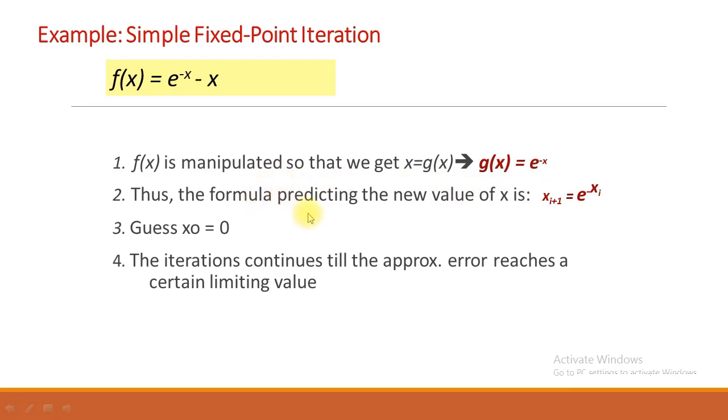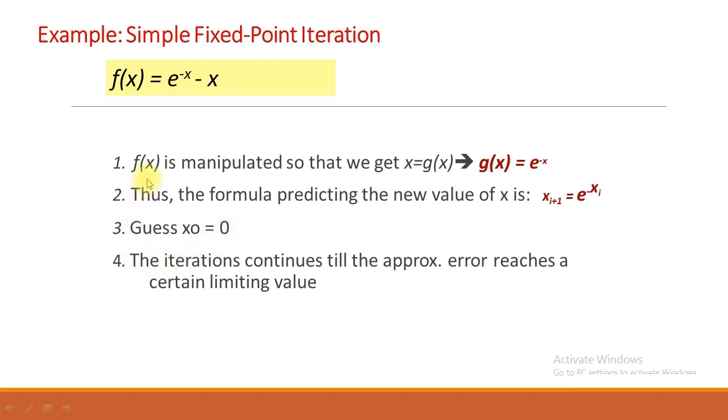So thus the formula predicting the new value of x by this iterative formula is xi plus 1 is equal to e power minus xi.